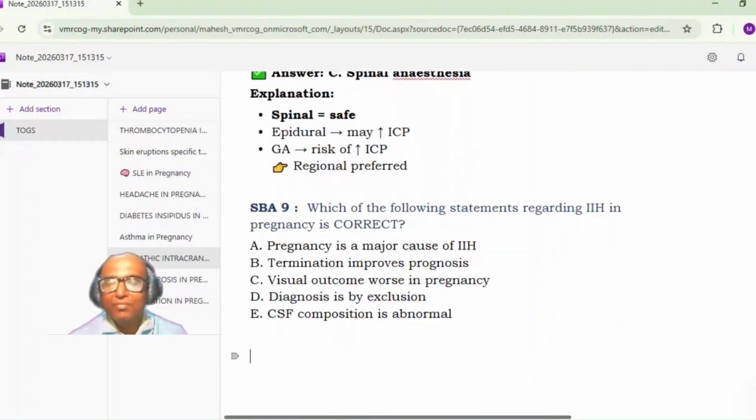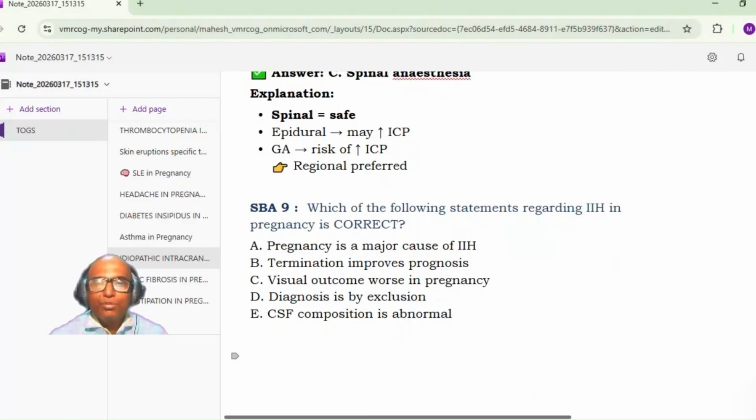Next. Which of the following statements regarding IIH in pregnancy is correct? Pregnancy is a major cause of IIH. Termination improves the prognosis. Visual outcome worsens in pregnancy. Diagnosis is by exclusion. CSF composition is abnormal. Visual loss is seen in 10 to 20% of cases, and complete visual loss is rare.